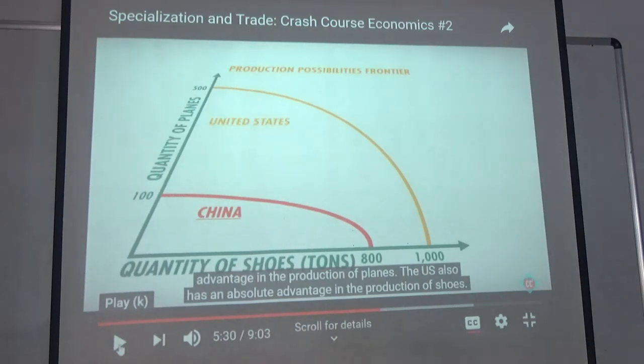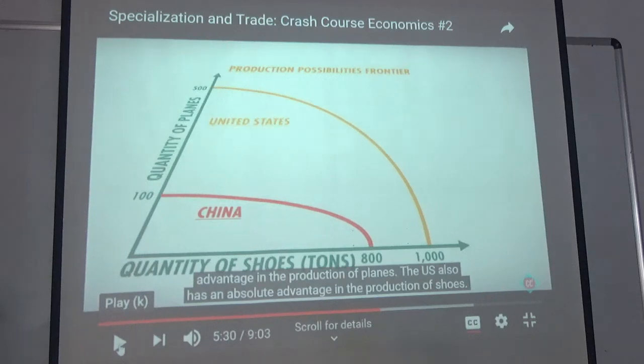So in both cases, the U.S. has an absolute advantage in production over China. Now, there may be some cases where, with that absolute advantage, there is no way to trade, but if there's any imbalance, if there's any difference in the ratios between the absolute advantages, then there's actually a benefit. That's what he's going to explain now. Why? So that's the next thing.